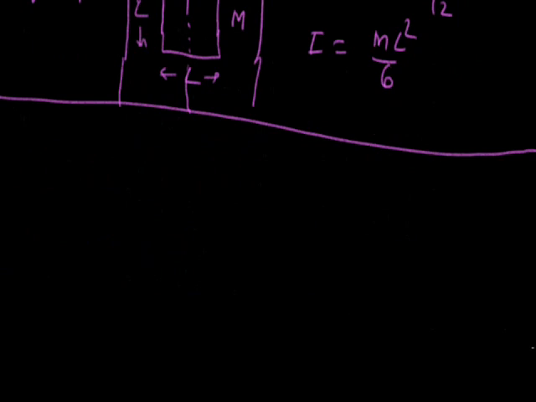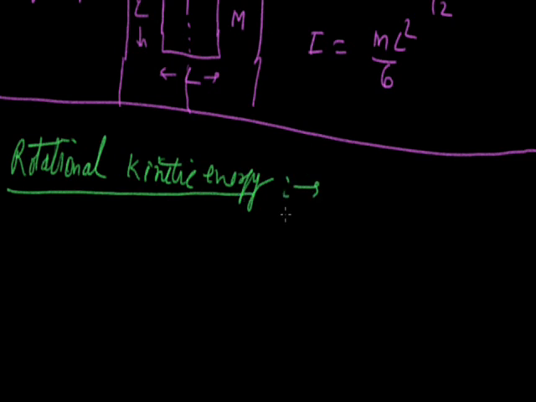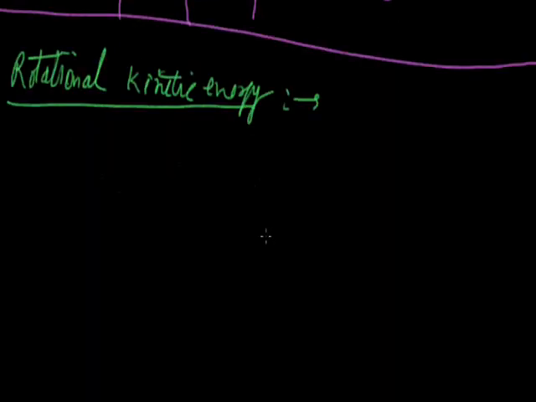Now the rotational kinetic energy. Suppose an object is moving in this way, its motion is simply translatory. It means the velocity of the upper point will be v, that of the center will be v, and that of the lower point will be v.